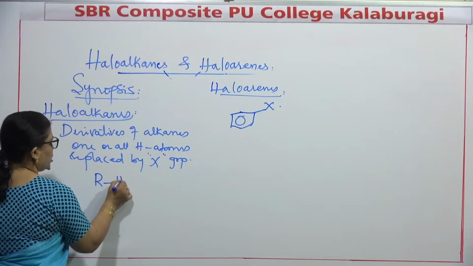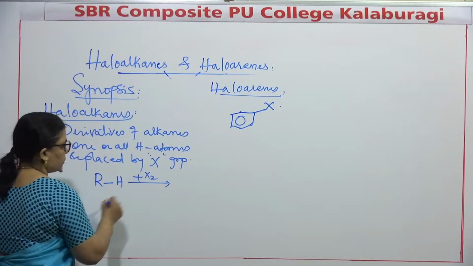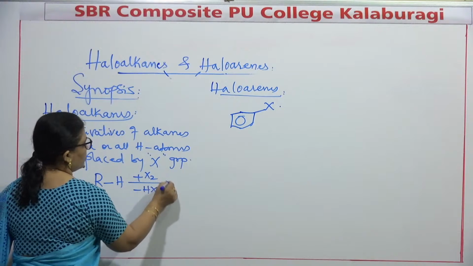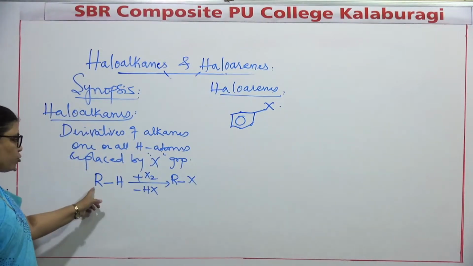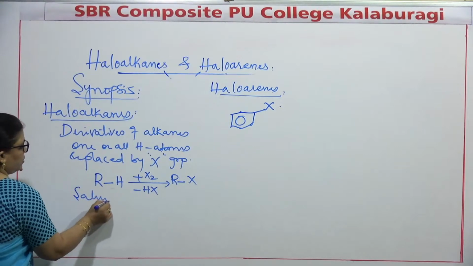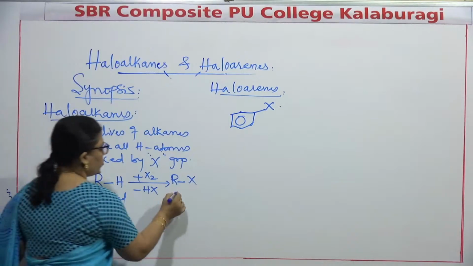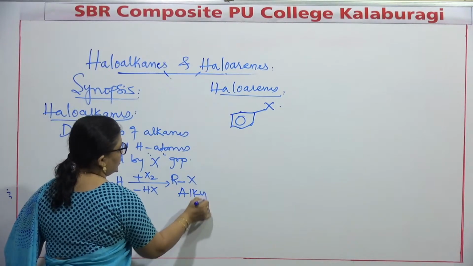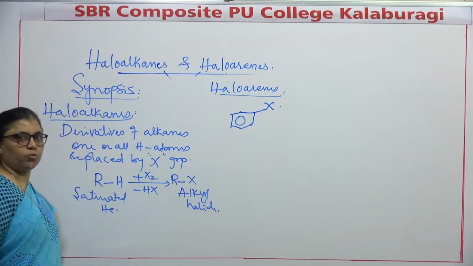hydrocarbon RH treated with X2, minus HX, is converted to RX. Okay, these are saturated hydrocarbons converted to alkyl halide. Saturated hydrocarbons are converted into what, children?